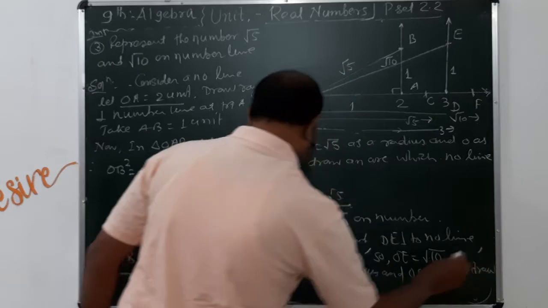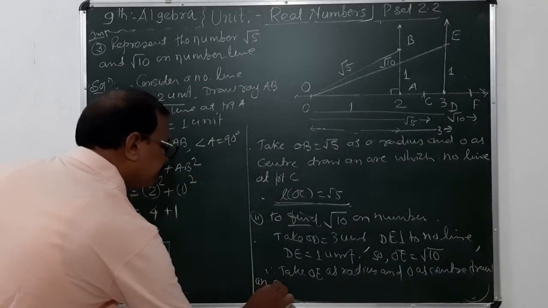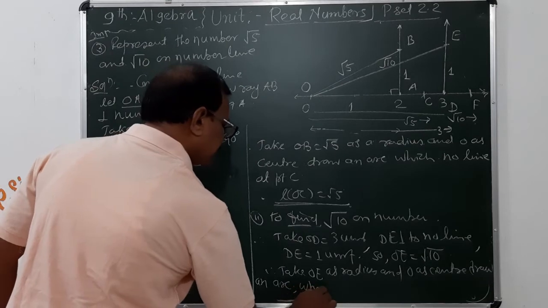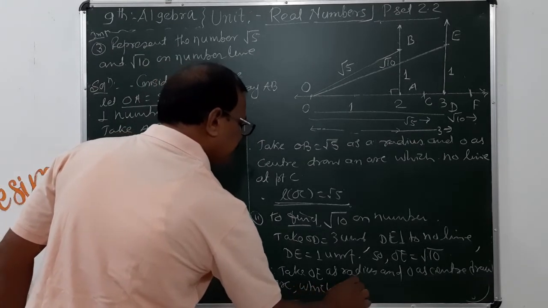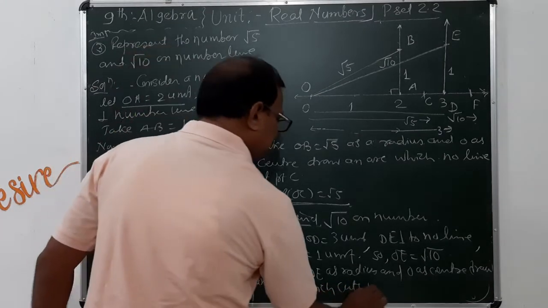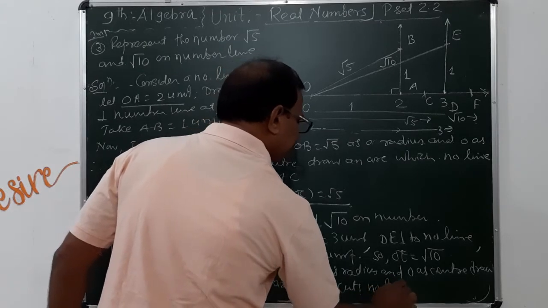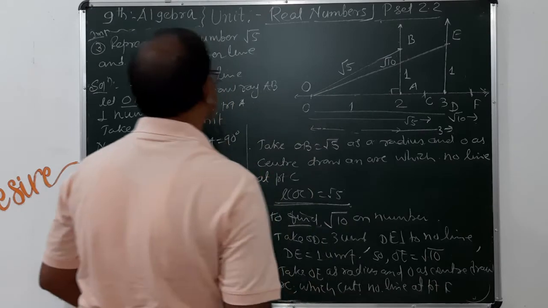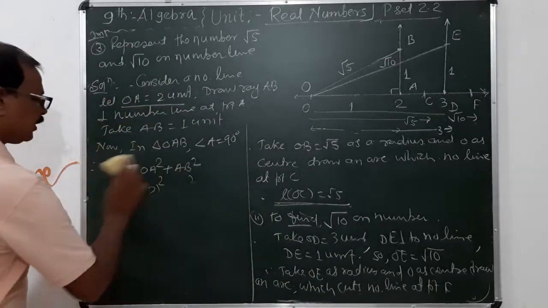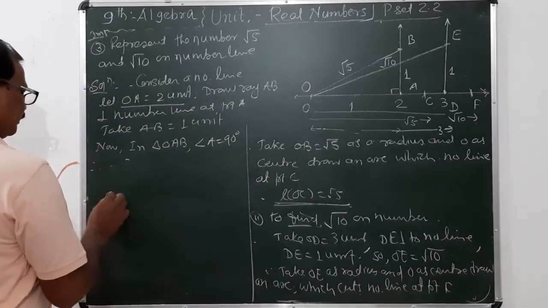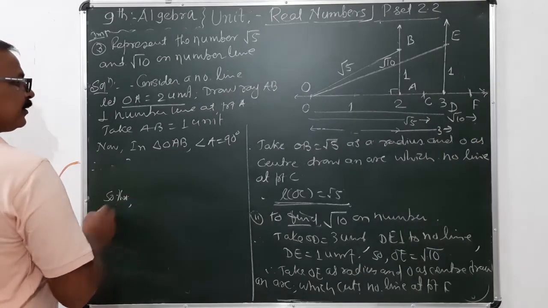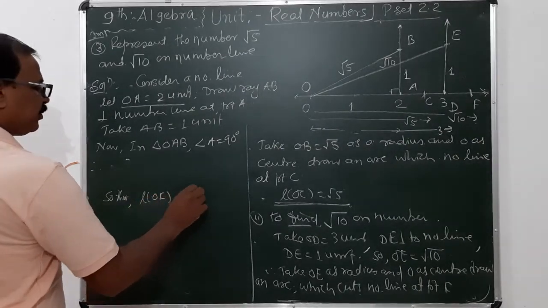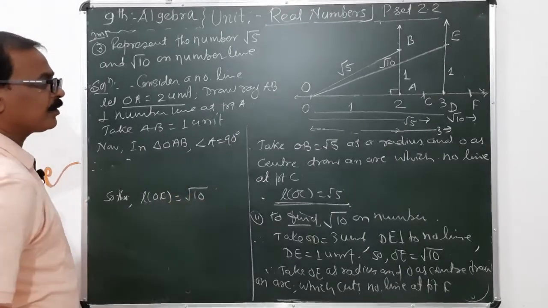Draw an arc which cuts the number line at point F. Okay, so the length of OF is equal to under root 10.